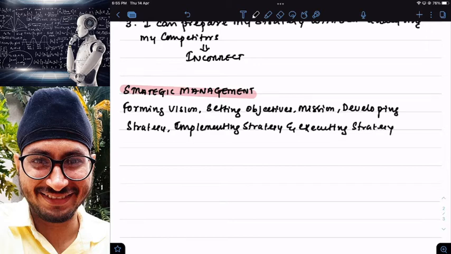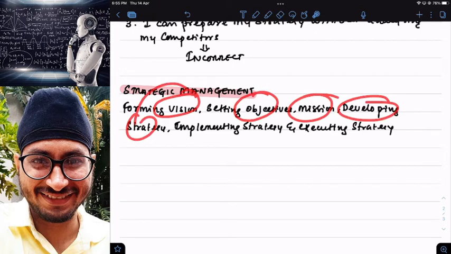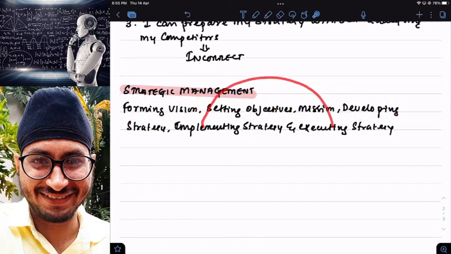So what is strategic management? It is a process of forming a vision, objectives, mission, developing a strategy, after developing, implementing a strategy, and after implementing, executing a strategy. Simple. Remember one thing: strategic management is applicable to profit organizations also.